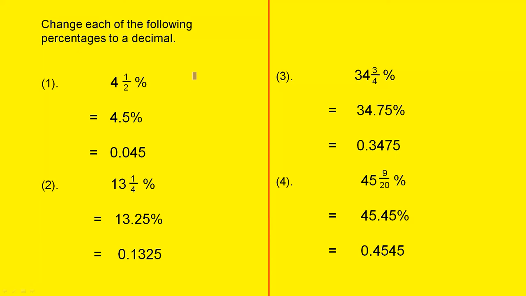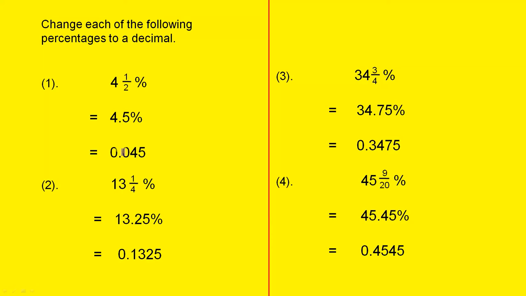Over here, it's a similar thing, except we're expressing the percentage in the form of a fraction here. So before we do our conversion, just change this fraction here to a decimal. We know that a half is 0.5. So 4 and a half percent is 4.5%.